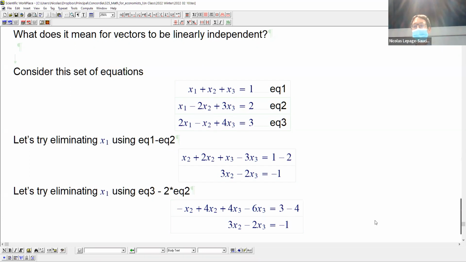Well, if you look at it more carefully, you realize that equation 3, I just took equation 1 plus equation 2.